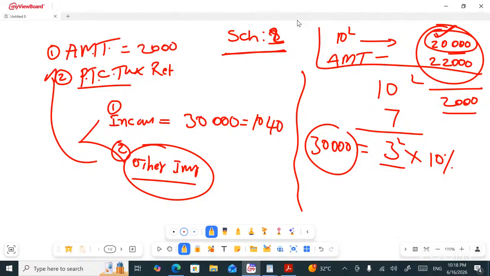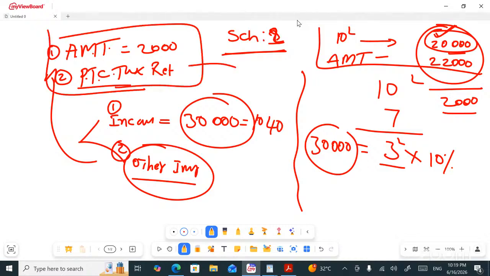So when we are filing form number 1040, two lines are included in the form. One is income tax, in our example 30,000. The second one is other taxes like AMT and premium tax credit. All these are to be included here.